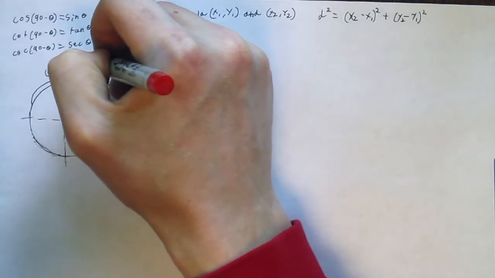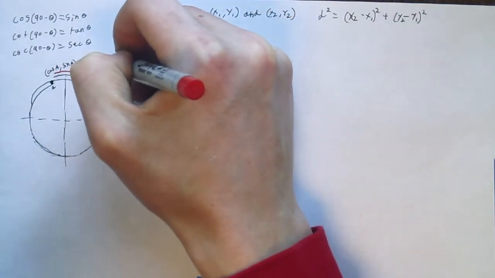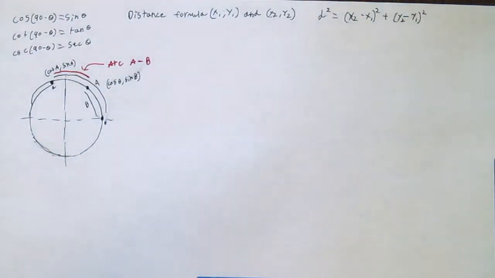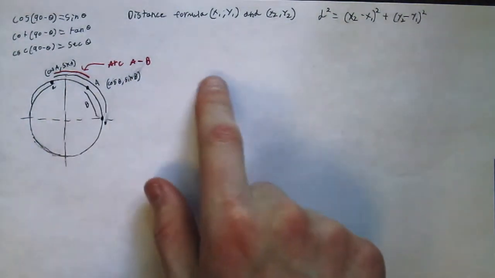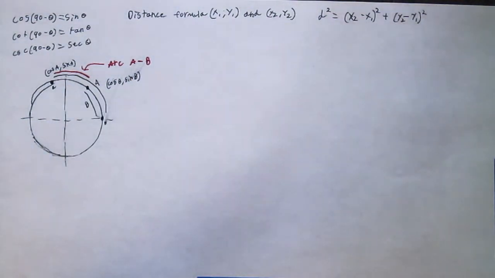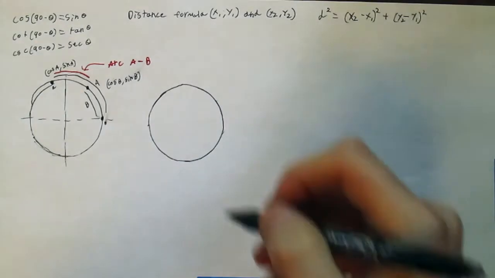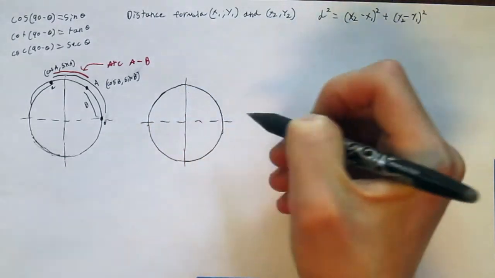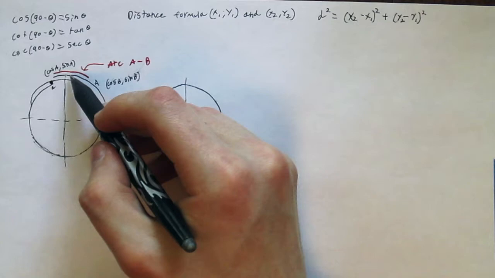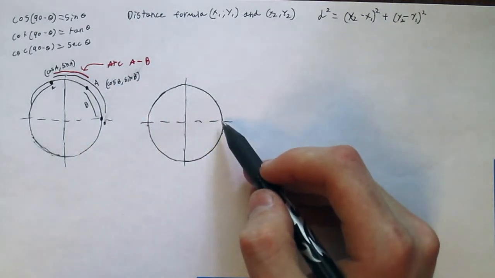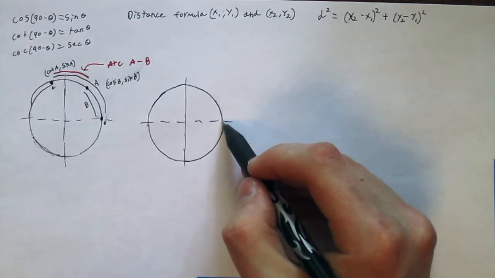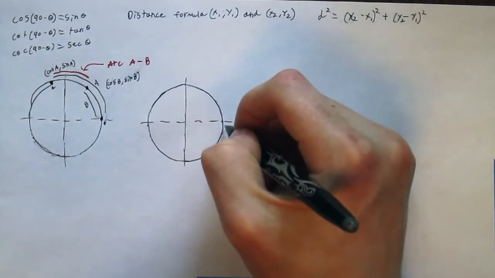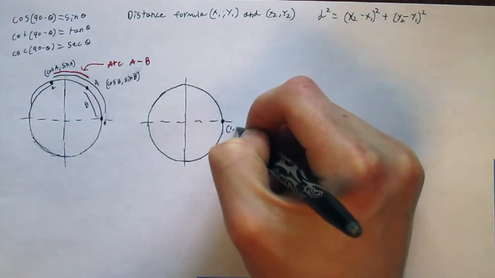So this is arc A minus arc B. Now we need to rotate arc A minus B down to standard position. So if we draw another circle, and then we redraw our axes. So now this arc will have been rotated, so this point right here is now right at the intersection of the x-axis and the circle. And so that looks like this is point 1, comma 0.